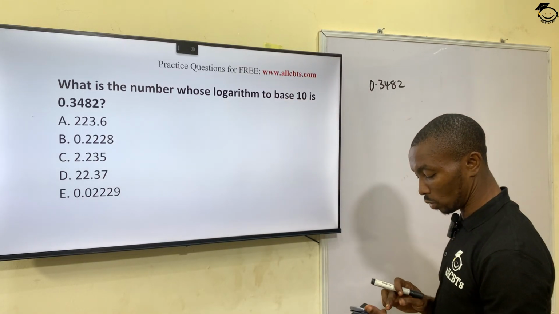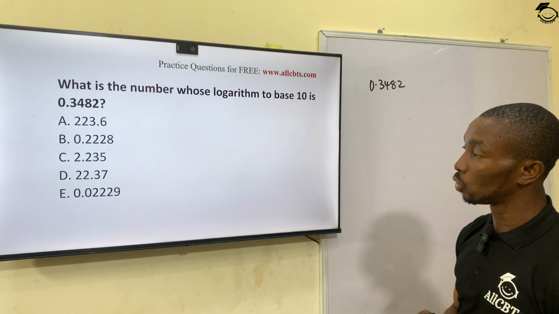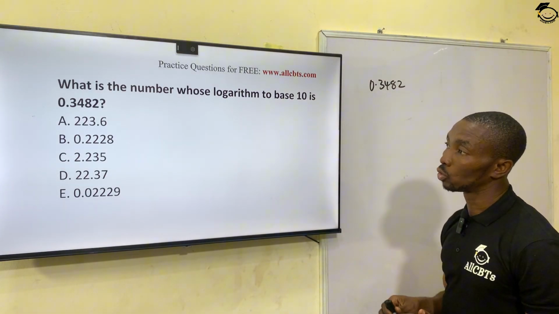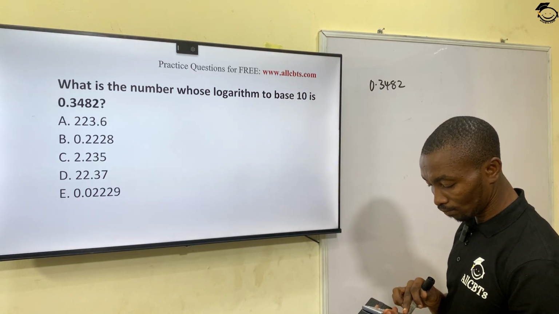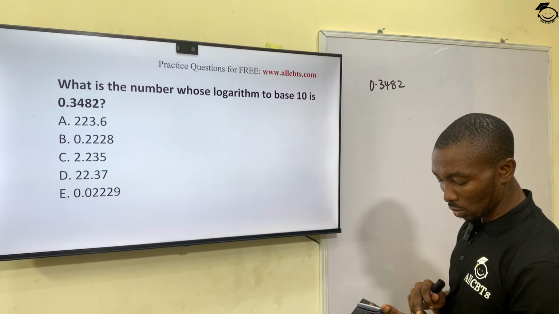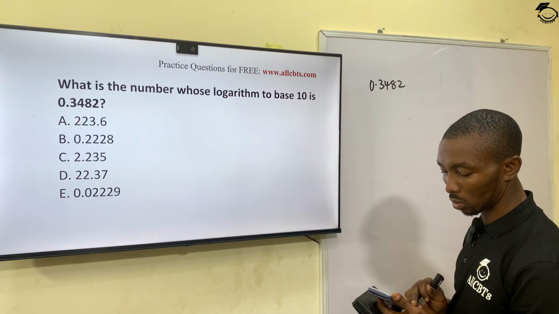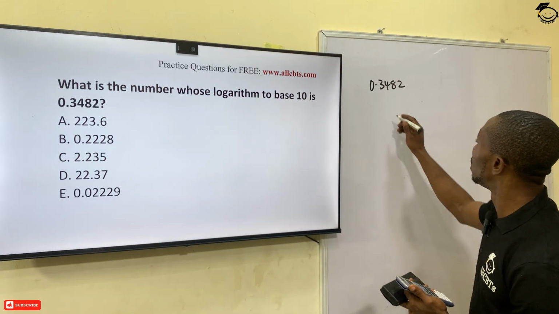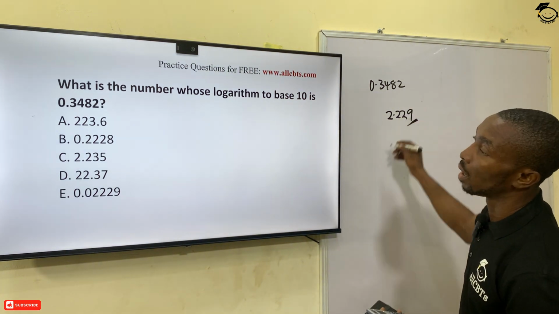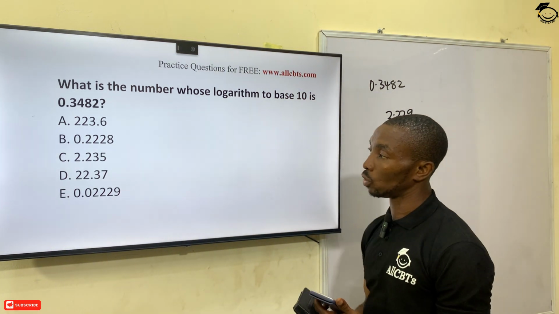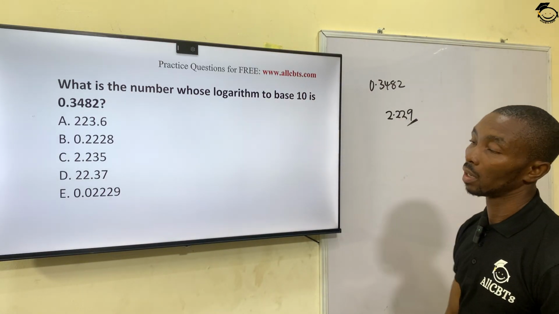Or we can just simply do that on a calculator. Our answer will be antilog of 0.3482. That gives us 2.229 as our answer.